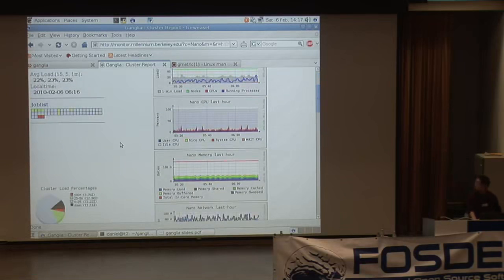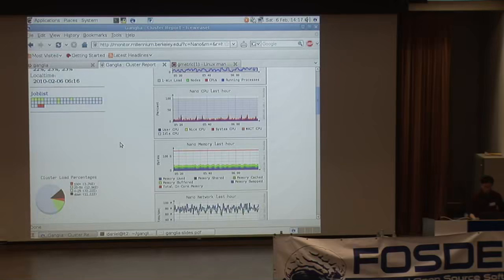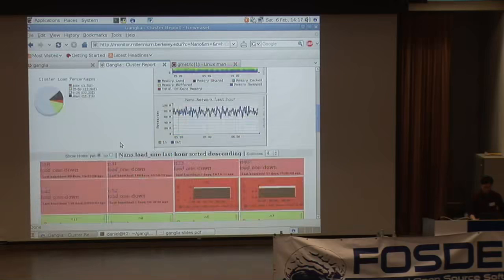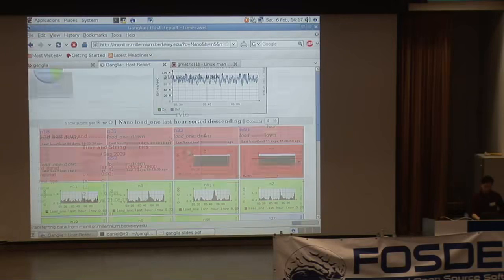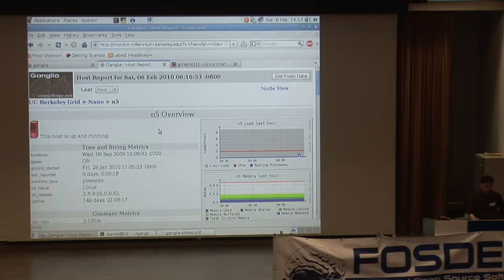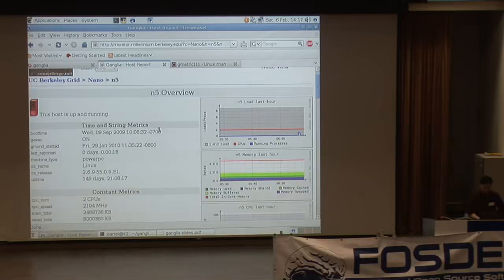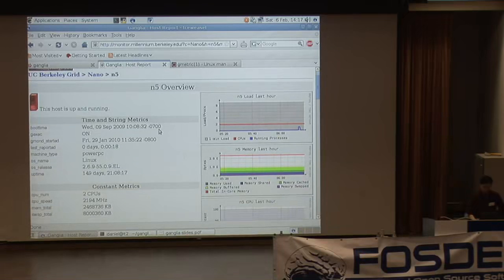There's a whole bunch of different types of charts that you can see, like memory and network. Down here, these are individual hosts. Red here means it's a high load, and green means it's not that busy. Again, you can click into it here and see what each individual host is doing. So this is one host.